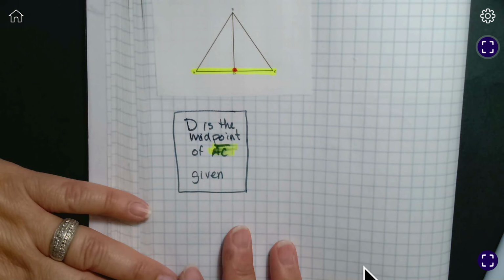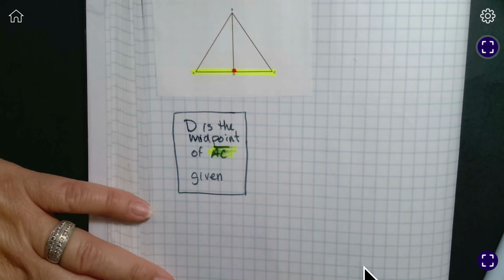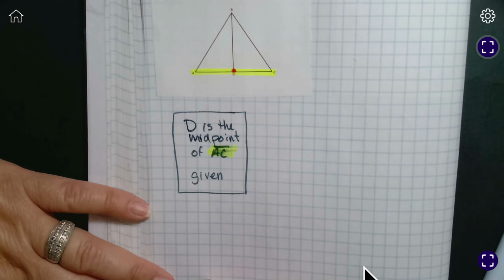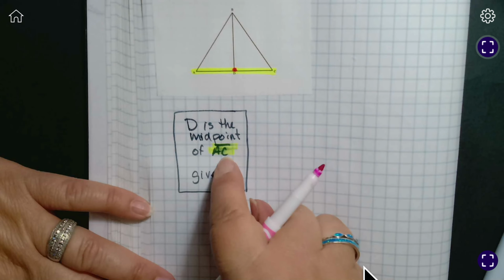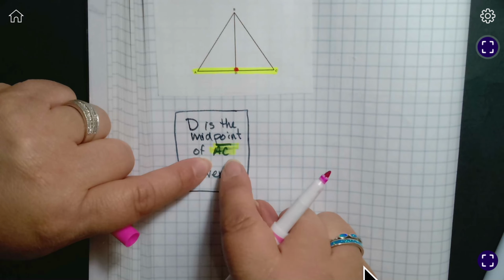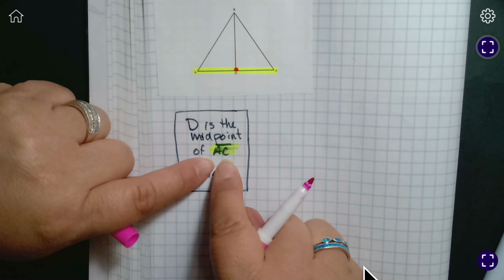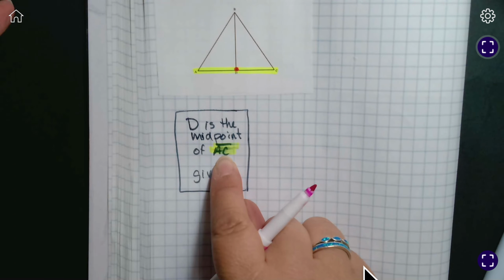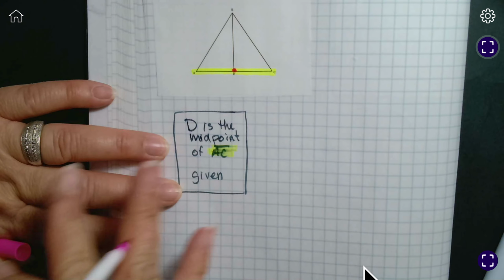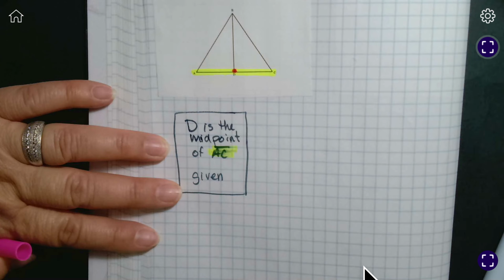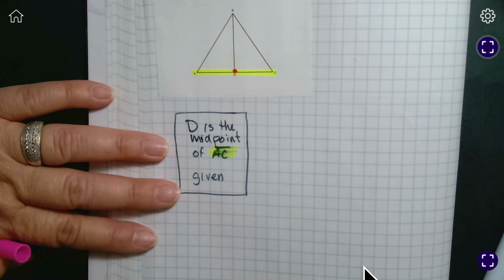Okay. Then let's mark your congruent segments. Your congruent segments have to be on AC. One is going to be on one side of the midpoint, the other on the other side of the midpoint, and those are your congruent segments.